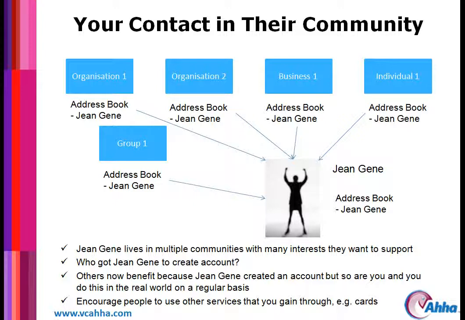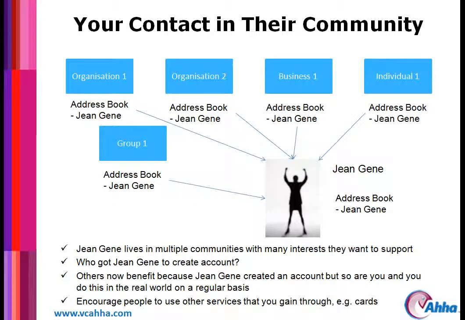She may be a member of Organisation 1, and Organisation 1 may put Jean in their address book, the same as Organisation 2. Business 1 may also have Jean in their address book and lobby her from both an advertising point of view and to come and support your organisation.